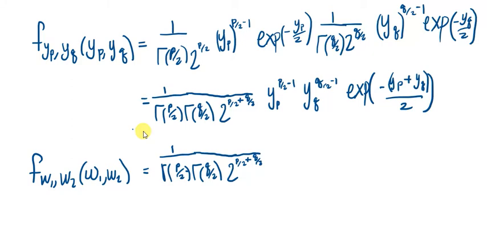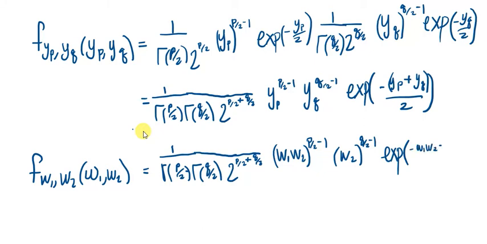And then we're going to substitute W1 and W2 in the appropriate spots, which becomes W1 times W2 to the power of p over 2 minus 1, W2 to the power of q over 2 minus 1, e to the power of negative W1 W2 plus W2, all over 2. This is actually a plus.